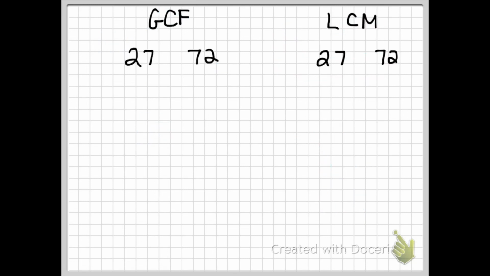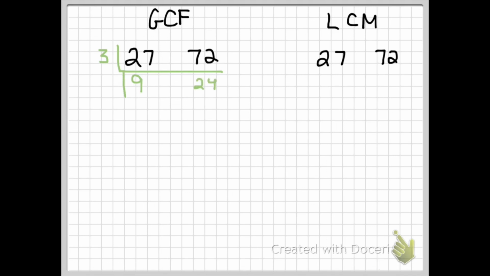All right, let's do that again with two different numbers. We'll create our little slide there, and we're looking for GCF. So we go 2. And 2 works for 72, but not for 27. 3 actually does work. Now, you could use larger numbers, but I like going small just for instructional purposes. 3 times 9 gets us to 27. 3 times 24 gives us 72.